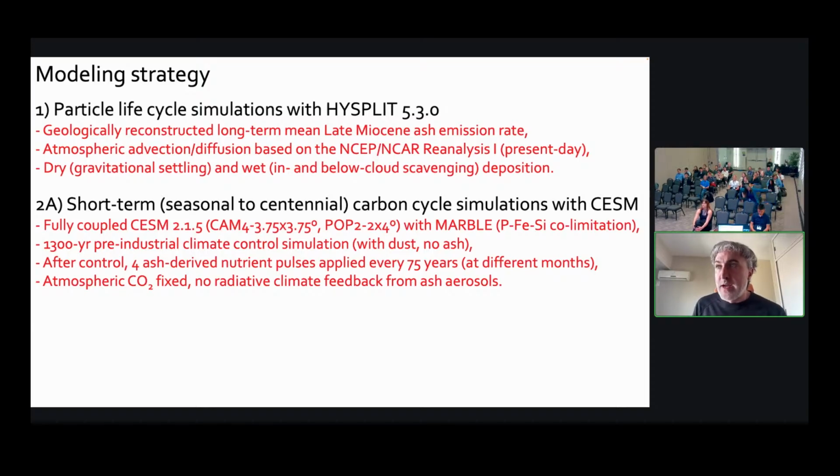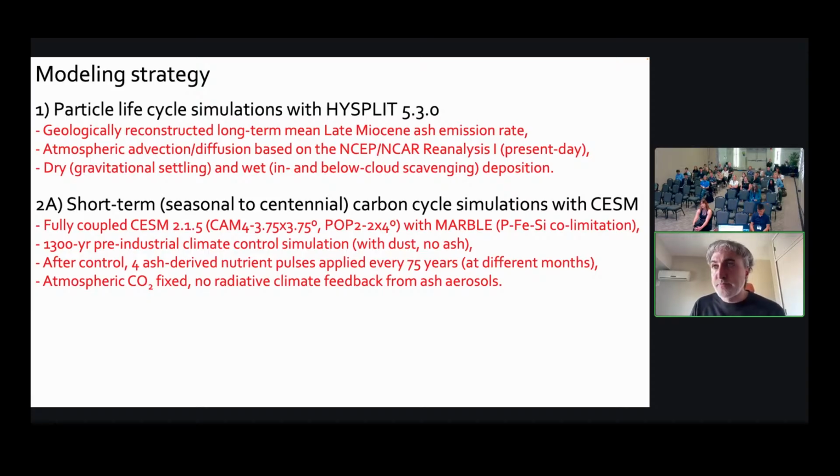We first ran a control simulation for 1,300 years with pre-industrial climate, with dust aerosols but with no ash aerosols. After the control, we applied 4 ash-derived nutrient pulses every 75 years. And it must be said that these simulations were run with a fixed atmospheric CO2 and no radiative climate feedback from ash aerosols.